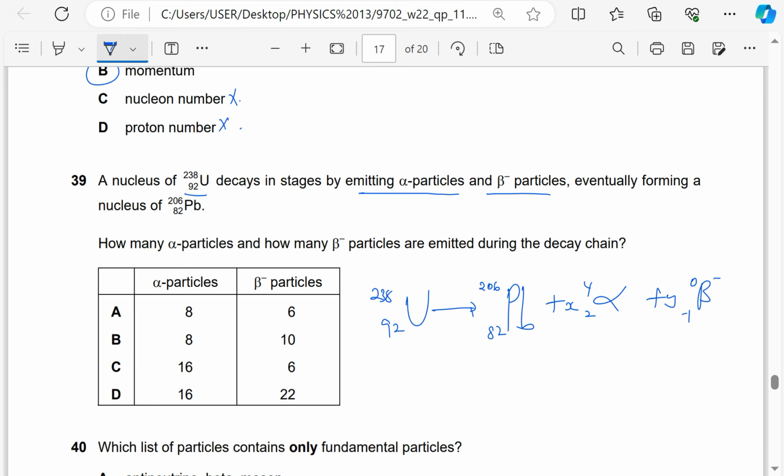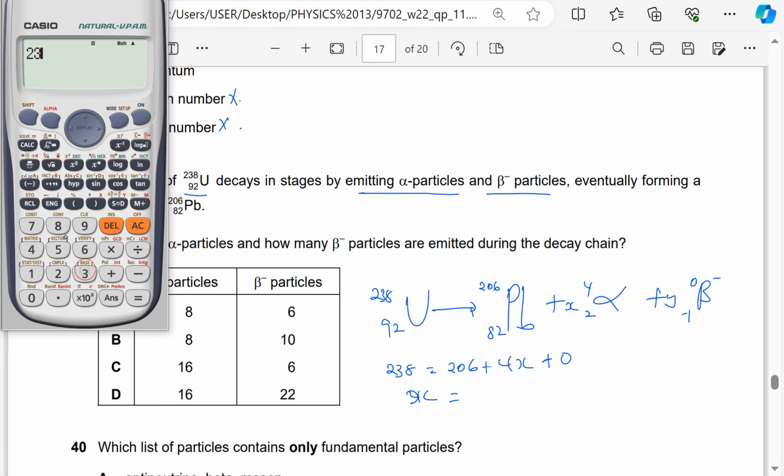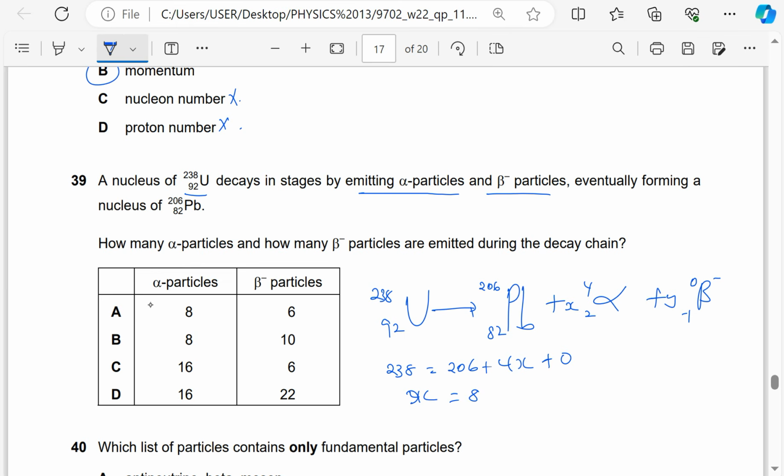So I will start with the alpha particles. I have 238 equals 206 plus X times 4, that is 4X, plus Y times 0, that is 0. So what is X here? X is going to be 238 minus 206 divided by 4. So X is 8.